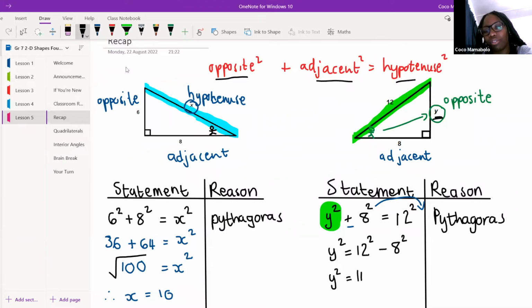Good. It's 144 minus what is 8 squared? 8 squared equals 64. Good. It's equal to 64.